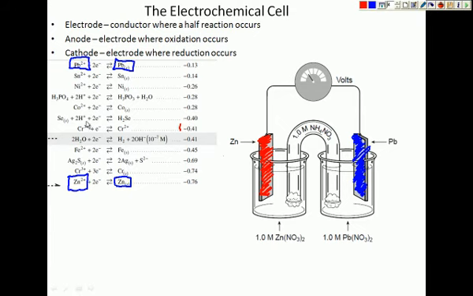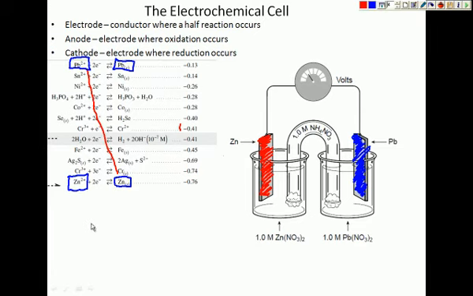Well, in a spontaneous reaction, we know that these two are going to be reacting. We learned that from one of the previous videos. The strongest oxidizing agent is going to be reacting with the strongest reducing agent.